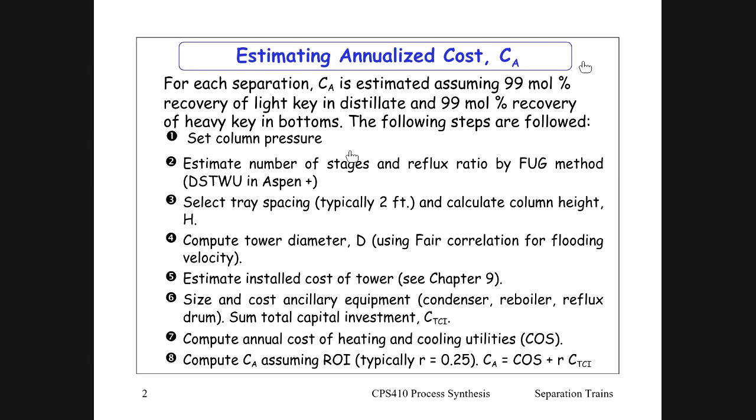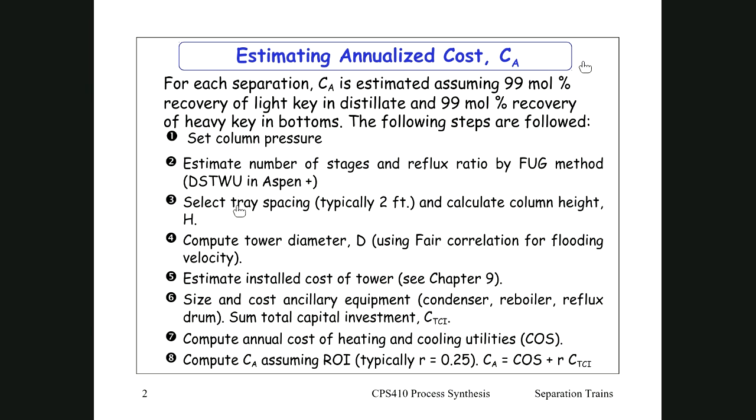So in the past, you've been learning how to choose a column pressure, and then you need to estimate number of stages and reflux ratio by the Fenske-Underwood-Gilliland method. And that you use DSTWU in Aspen Plus.